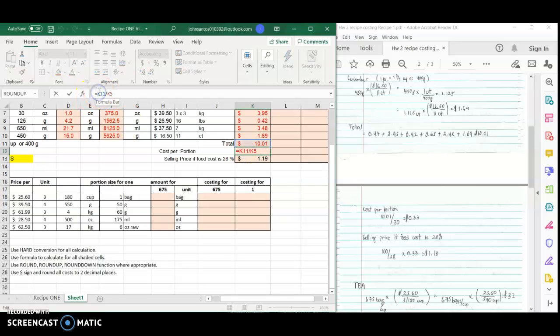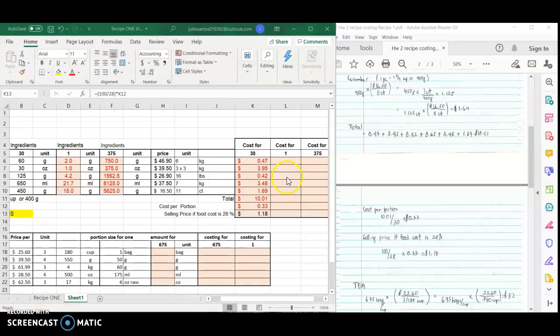So put the round function right here. Important to use the comma right there, in parentheses. There you go, $1.18.